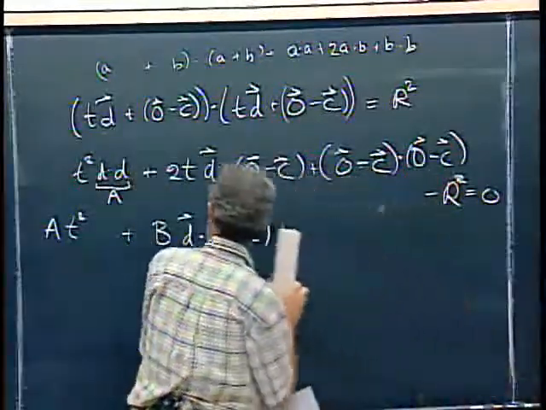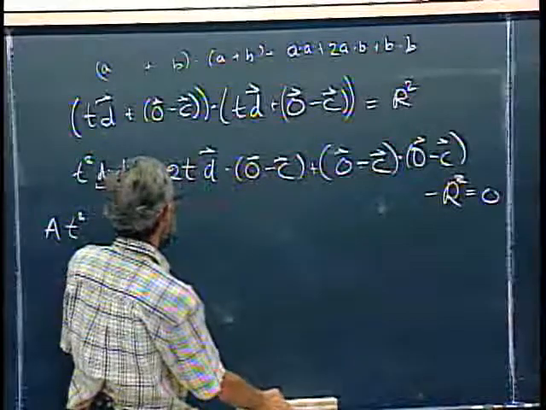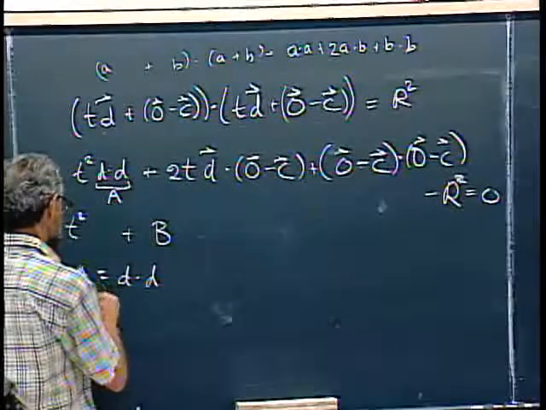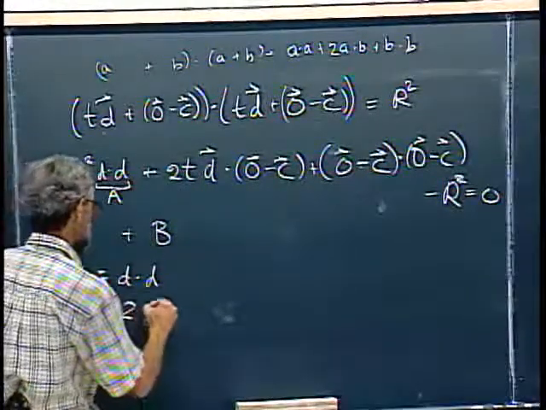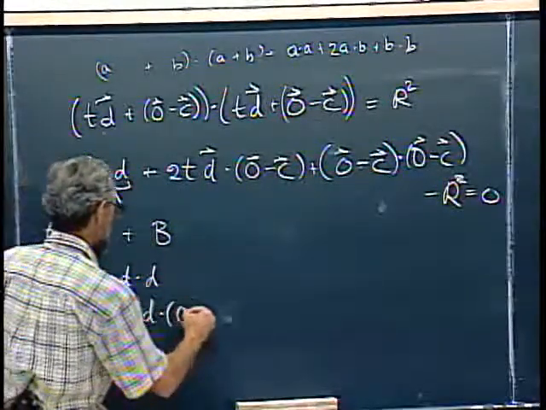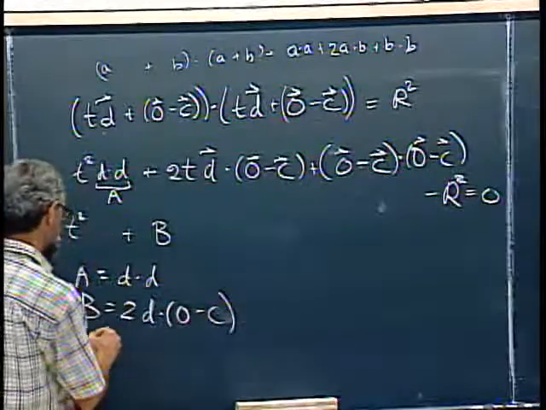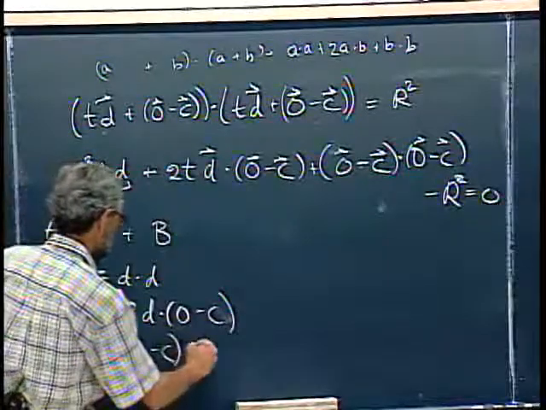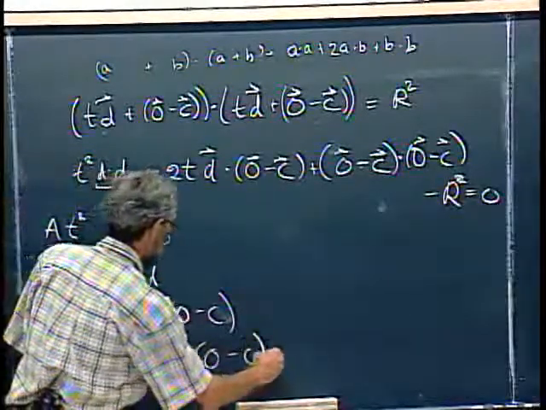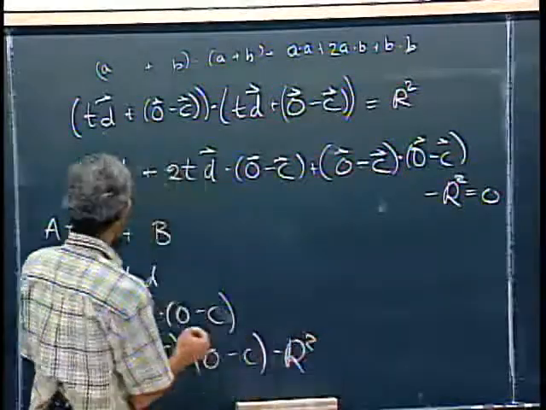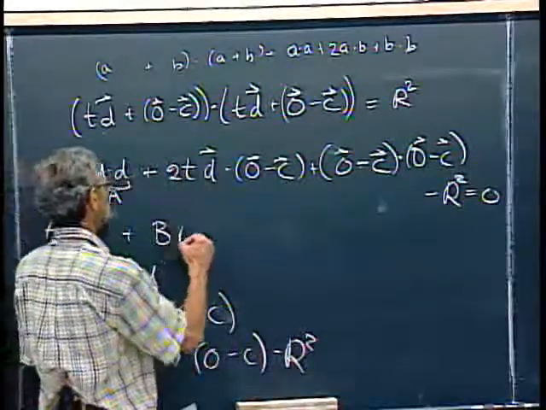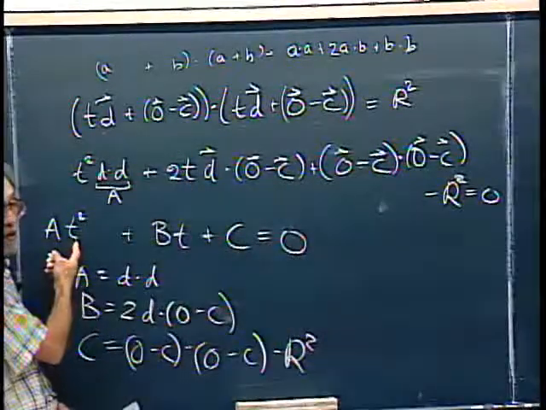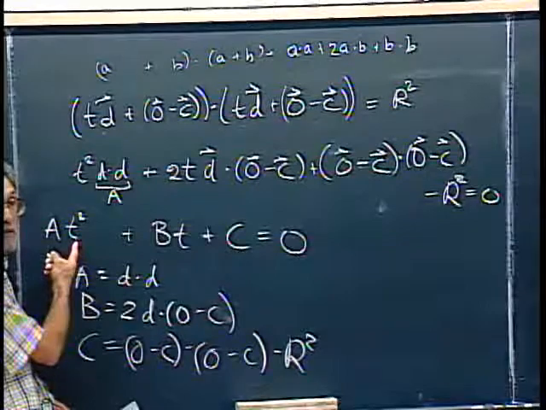I just wanted to keep it d times t. So a is d dot d, b is 2 times d dot (o minus c), where I'm leaving off my vector signs. And my constant term in the quadratic equation is going to be (o minus c) dot (o minus c) minus r squared. And then it's going to look like the form a t squared plus b t plus c equals 0, which is, as I promised, the quadratic equation in this unknown value t.